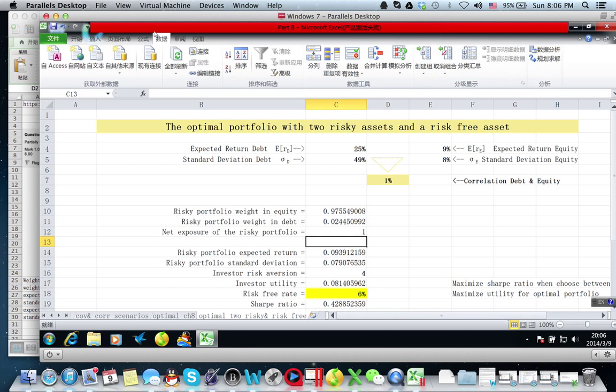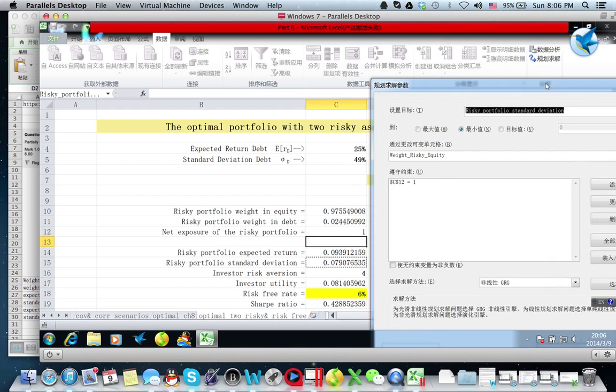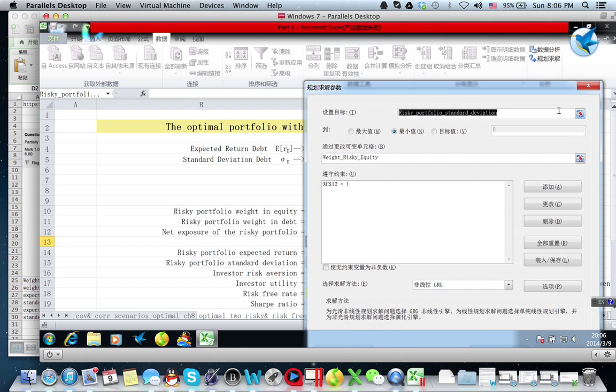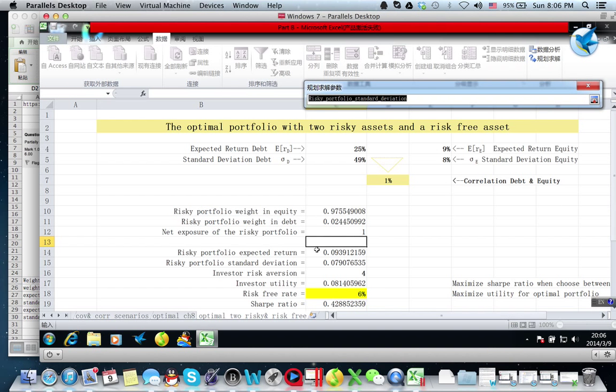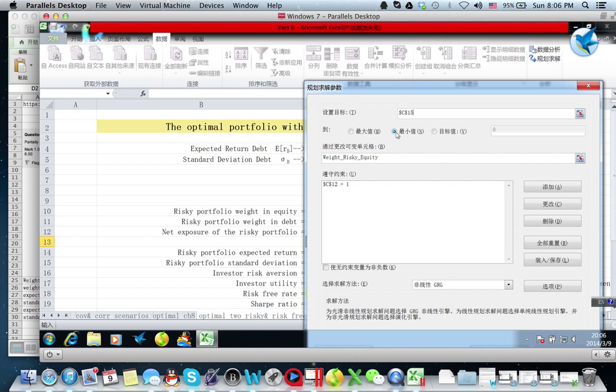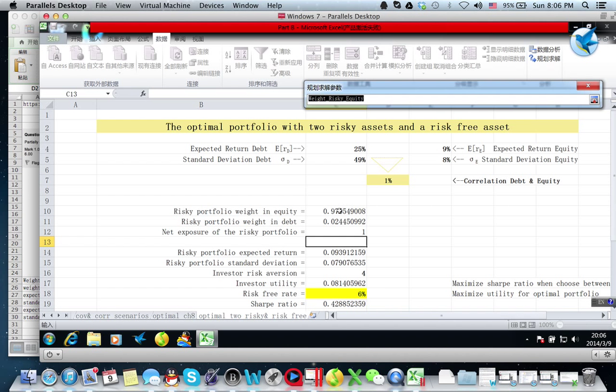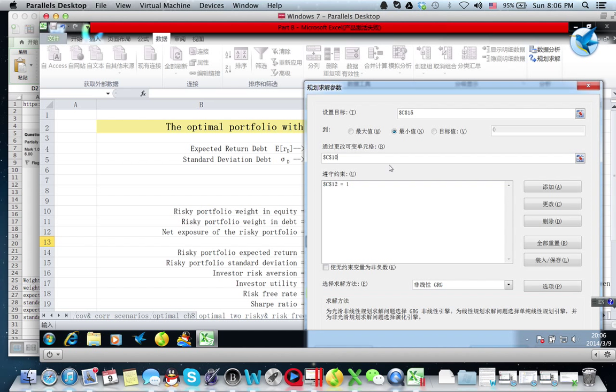So we go to data, solver, and we want to minimize standard deviation. So we choose standard deviation and minimize. Then we want to change the weight of bond and weight of stock to find our solution.